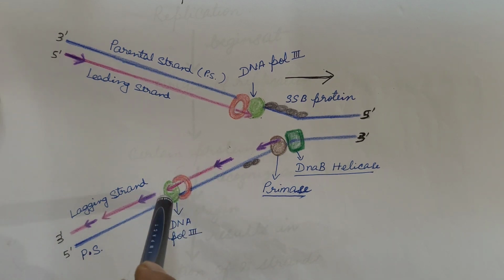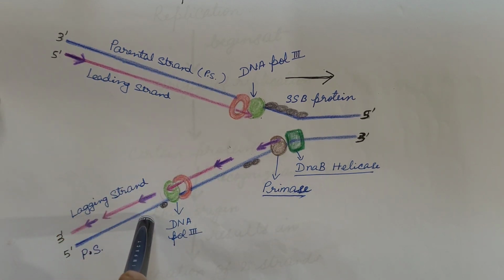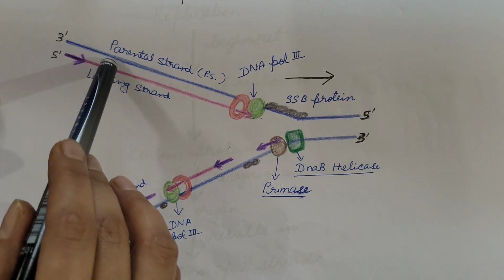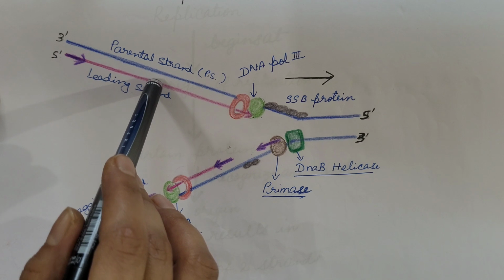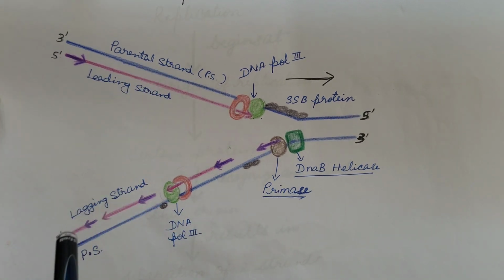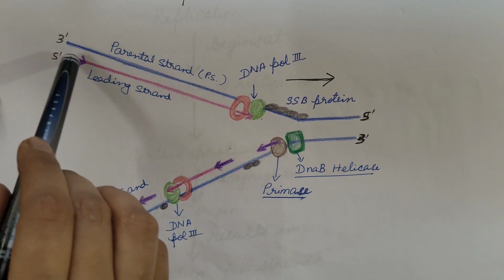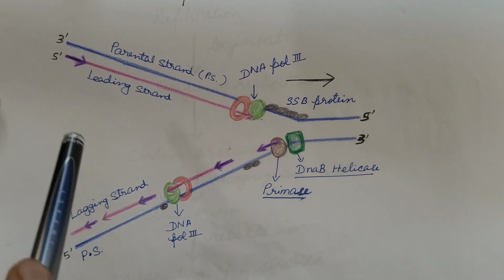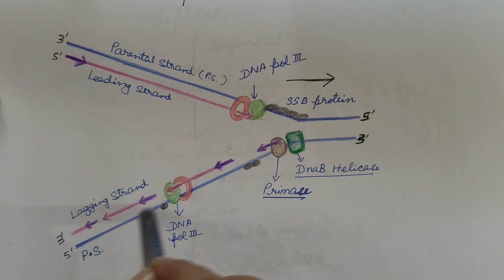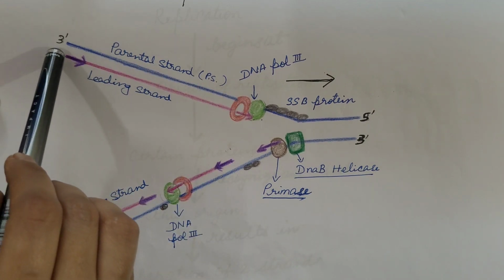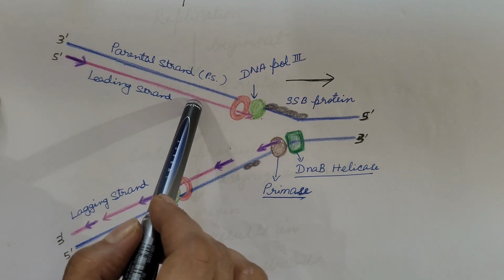Hence, what we see is that its synthesis begins after continuous strand synthesis has already begun. So, it lags behind this continuous strand. Hence, this strand is known as the lagging strand, and the other strand, which is the continuous strand, is known as the leading strand.